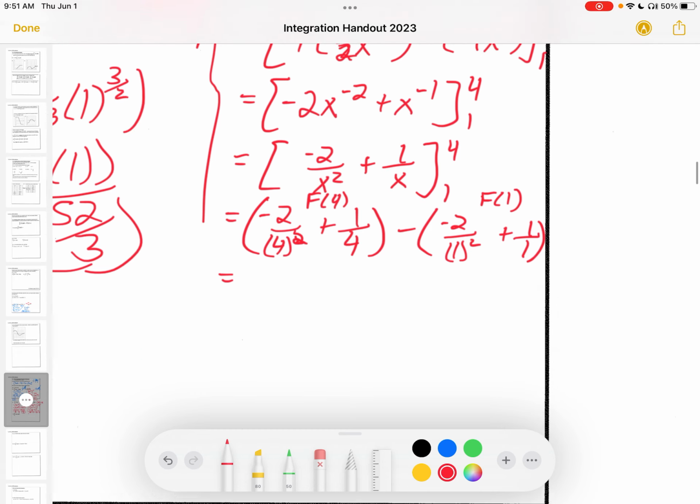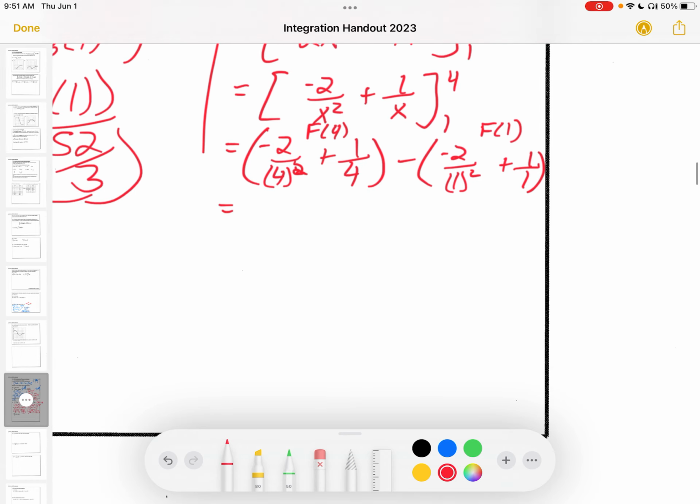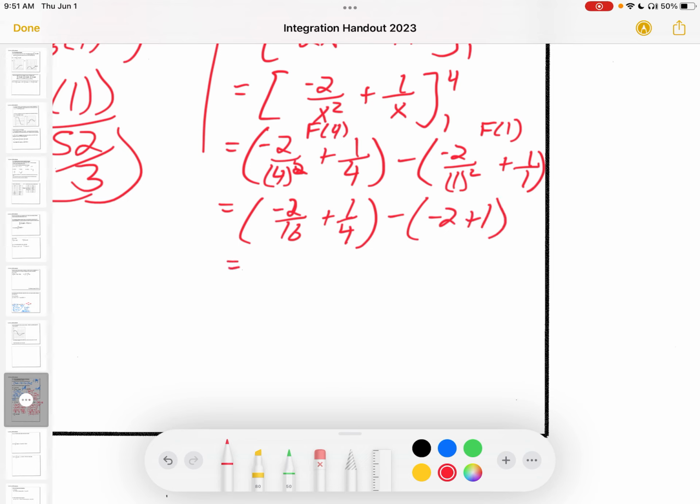And now we may have to do some shenanigans just with fractions. So at this point, it's really just arithmetic that we're dealing with. It's -2 over 16 plus 1/4 minus -2 plus 1, okay, or that's -1/8 plus 2/8, minus this whole thing here would be -1, so minus -1.